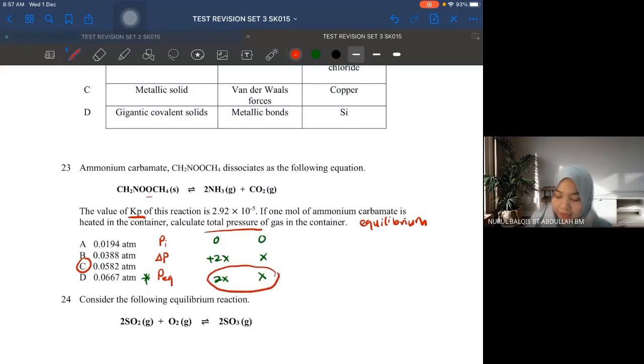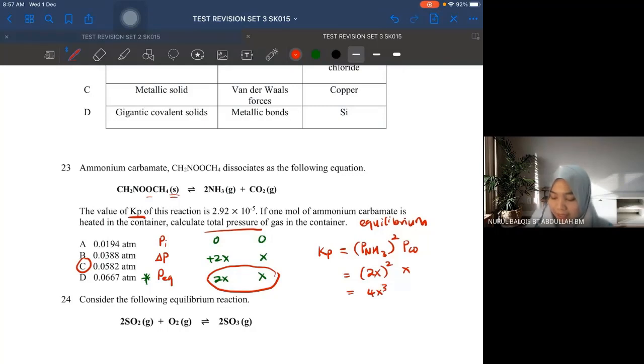So your Kp, buat keluar dia punya expression. PNH3 raised to the power of 2 P carbon dioxide. Belah sini tak ada sebab solid, so tak masuk. So kita substitute sahajalah. Your PNH3 tadi adalah 2x squared. 2x raised to the power of 2. PCO2 adalah x. So dia akan jadi 2 to the power of 2 for x squared times x, x cubed.